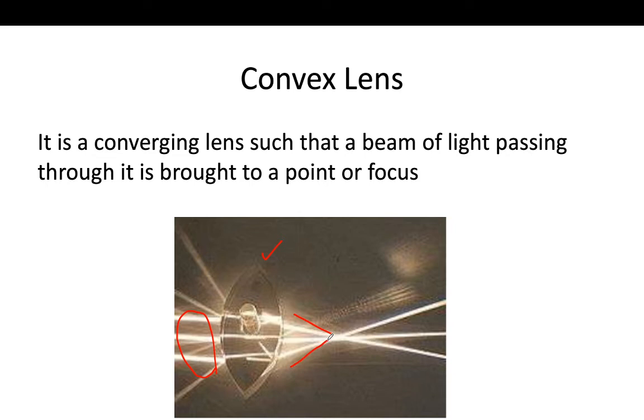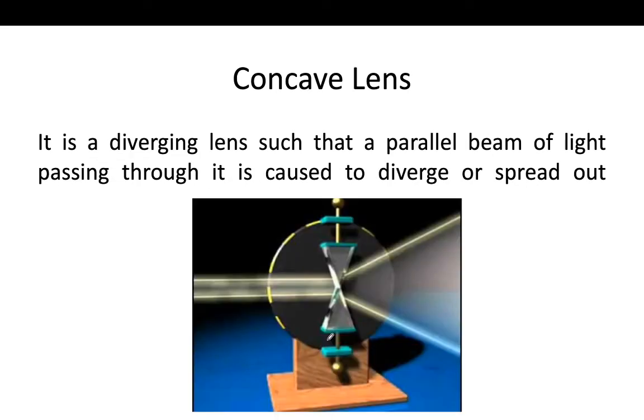That is the work of a convex lens. Now the concave lens. It is a diverging lens such that a parallel beam of light passing through it is caused to diverge or spread. In a concave lens, if beams of light are coming, it will spread those beams. That is the work of the concave lens.